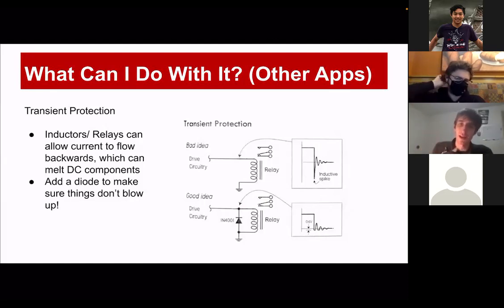So if we add a diode there, when we have that big negative spike downwards, our diode says, no, we're meant to be biased this way, and it ensures that we do not have a negative spike. So the takeaway from that is you can add diodes to stuff to make sure things don't blow up. That is a common use of diodes, to make sure in power electronics that things are not going blammo.